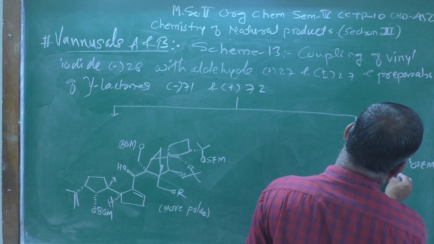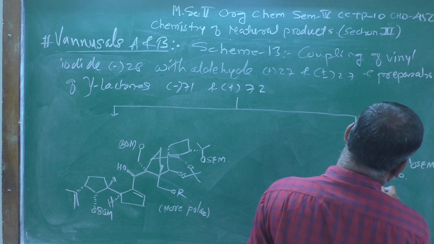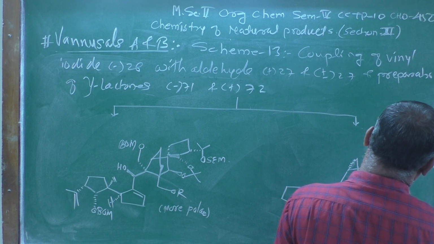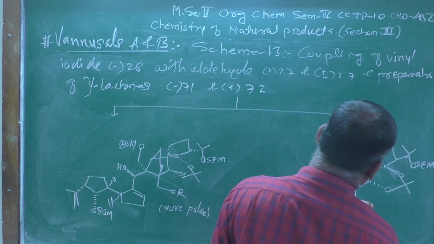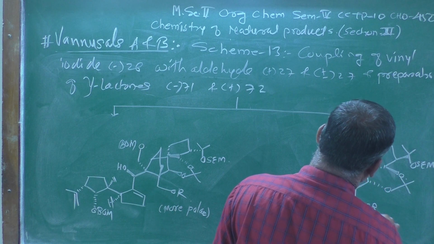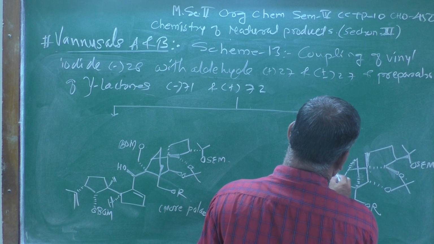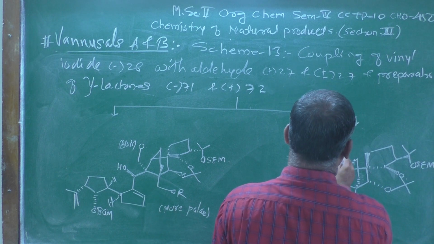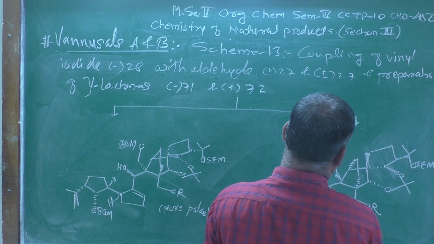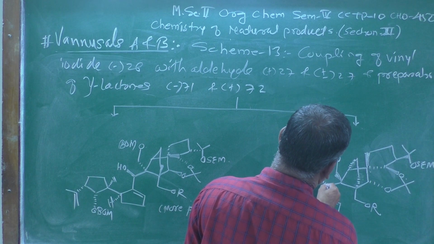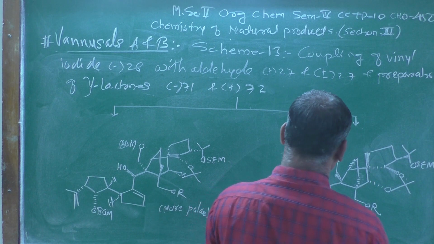Then this bond goes above the plane, this bond goes below the plane, and here OR remains as it is. This is the group that goes above the plane, OBOM, and here is a group which goes below the plane, hydroxyl group.